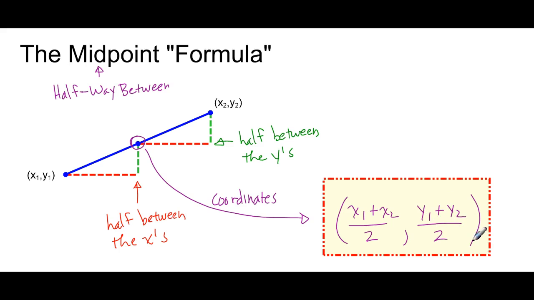You're going to add them up and divide by 2. So instead of a formula, it's really more of a vocabulary word. Just remember that the formula for midpoints is to take the average. Just average the points. Average the x's, and that's your x-coordinate. Average the y's, and that's the y-coordinate.